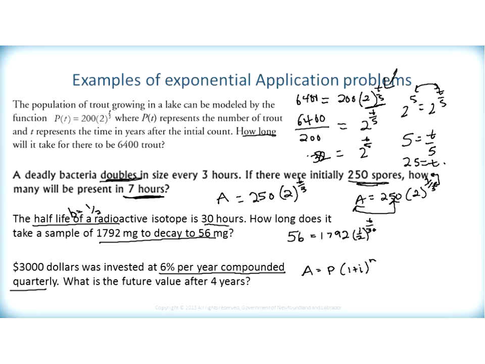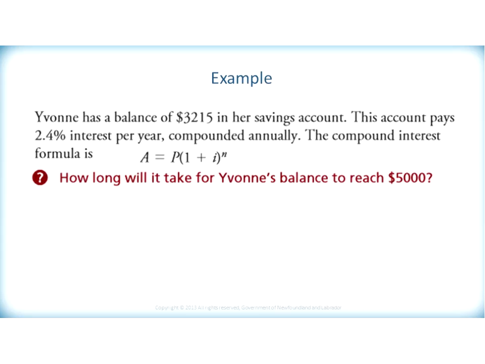In this case, our principal is our $3,000. We're solving for the future value after 4 years, so this being time, that will go in with the compounding period. We would calculate the compounding period and put it in for n. So let's look at this example.